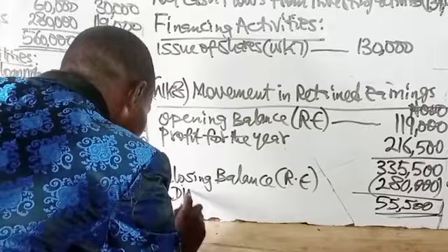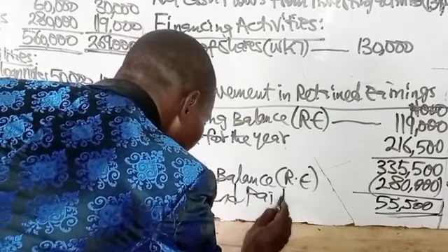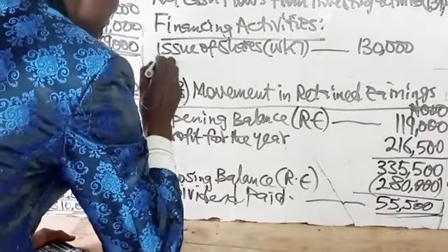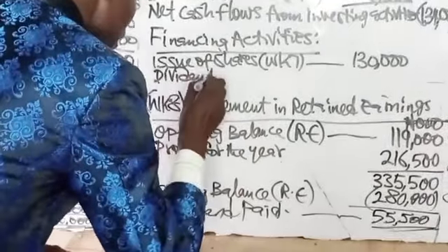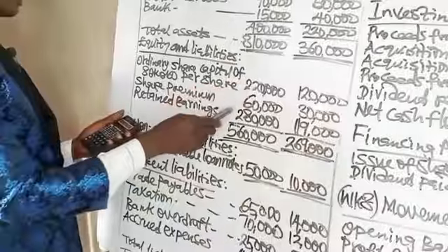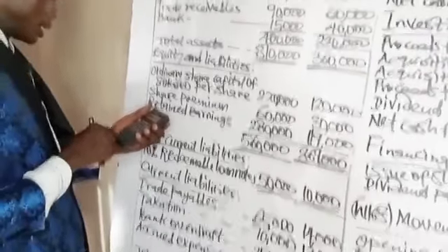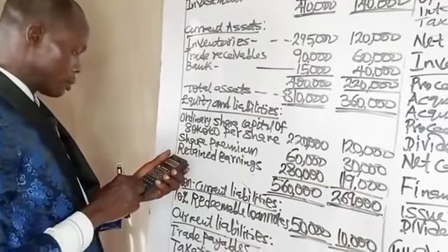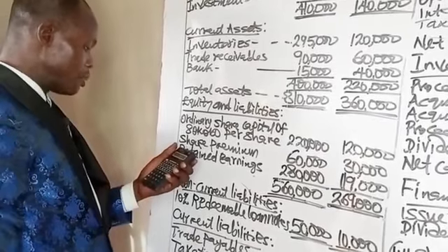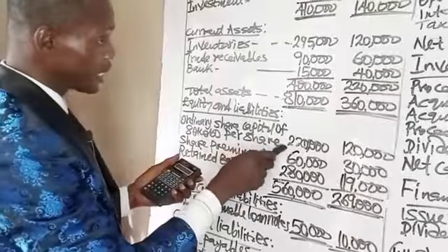That is working number 8. So now let's have dividend paid. We have a note as regards this. 220 million divided by 80 kobo, that is 0.8, then that means we'll be having 275 million. That is the number of shares outstanding.